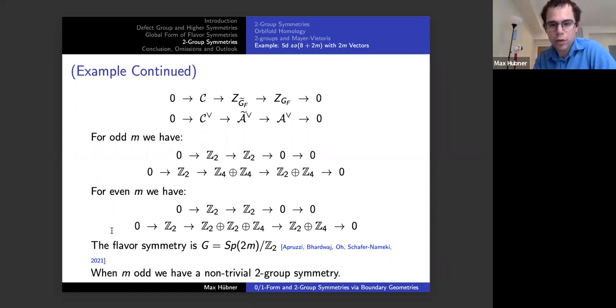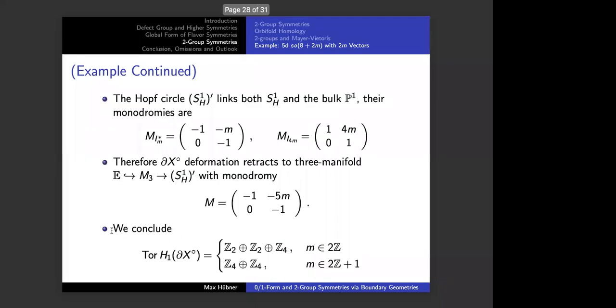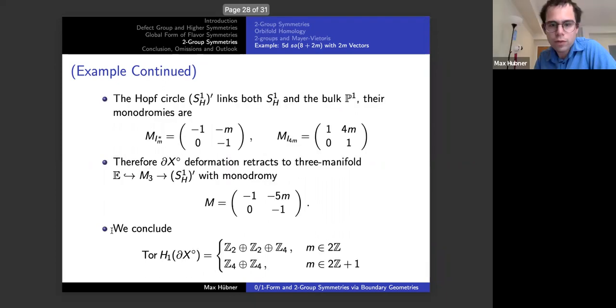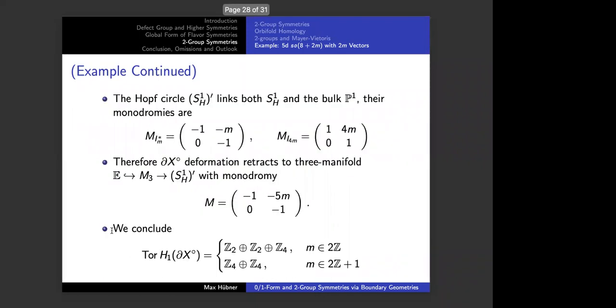Okay, I think this... Hi, Max. I have a question. Yeah, go ahead, Yinan. On the slide before, you showed that the ZGF and the C check are the same thing, but here it's different? Sorry, say again. On a slide before, you identified the ZGF and all these groups with some homology groups, right?